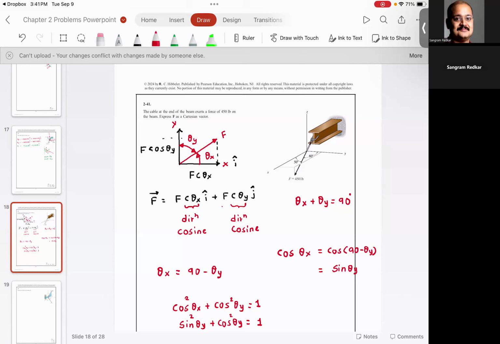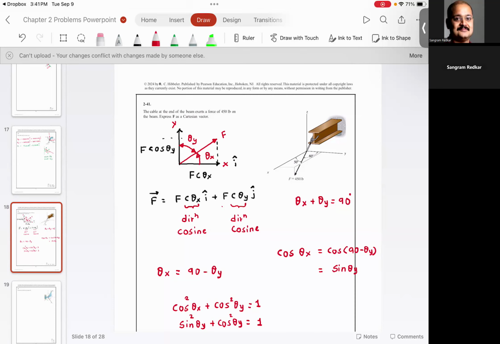Now, I want you to look at the figure that is shown over there. Is that a 2-dimensional figure or a 3-dimensional figure? It's a 3-dimensional figure. You agree with me? There are three axes over here.